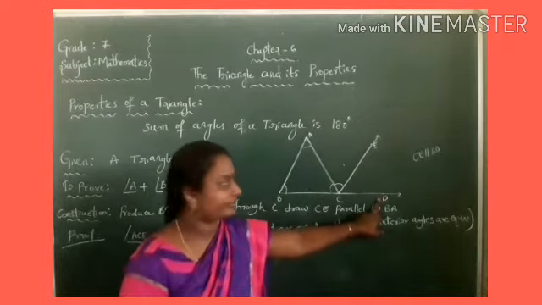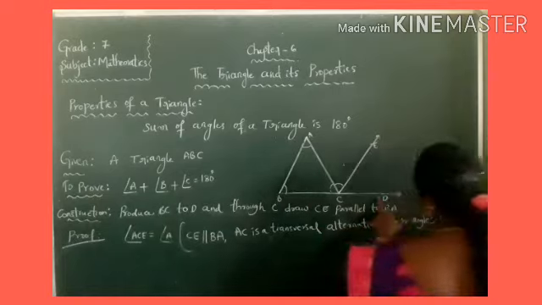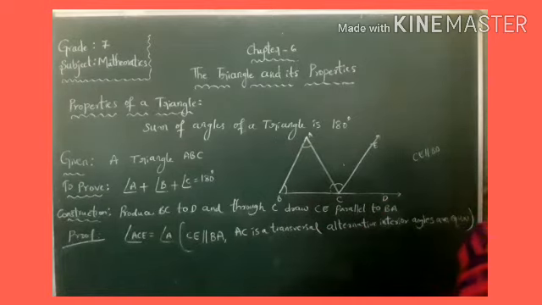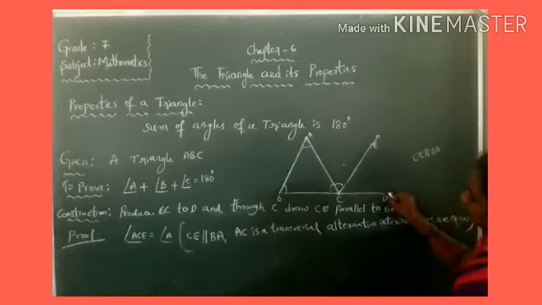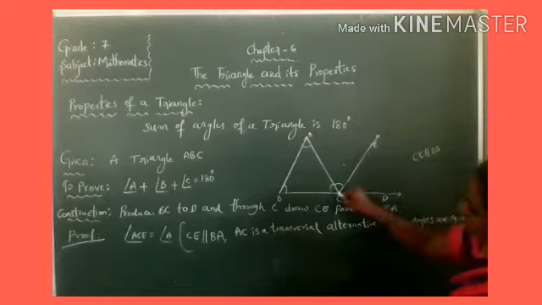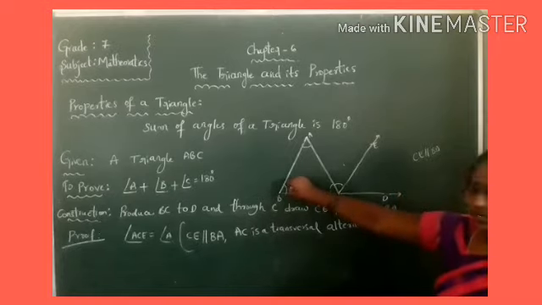Next, observe angle ECD. Previously you have seen the same proof of the exterior angle. Angle ECD is equal to angle B. Why?